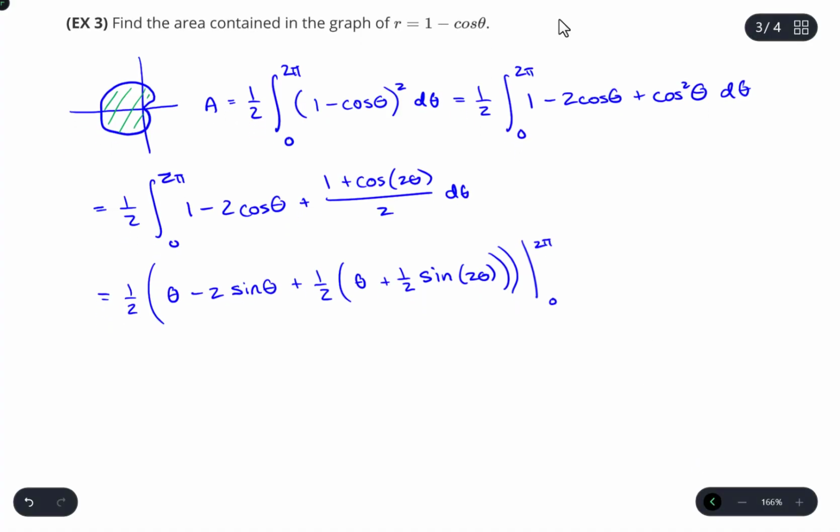Okay, it might be worthwhile to take a moment and simplify some things first. Let's see what we can do. All right, so first off, I can distribute this 1/2, so that would be plus 1/2 theta plus 1/4 sine 2 theta.